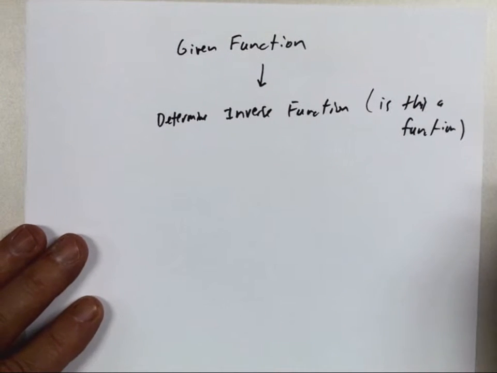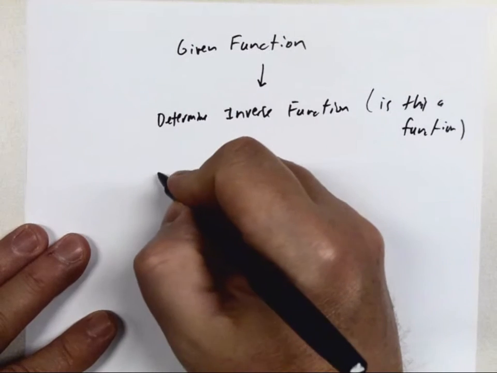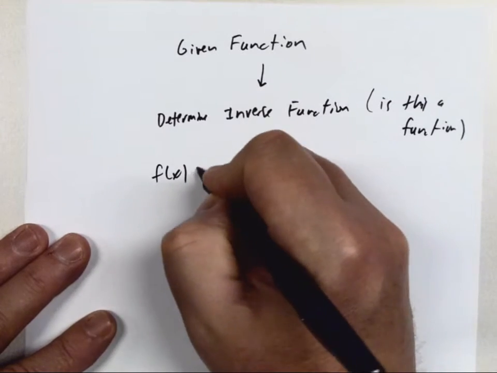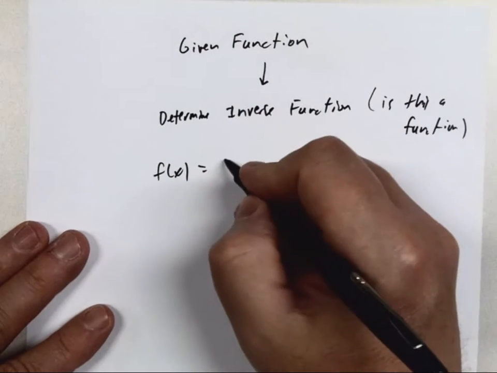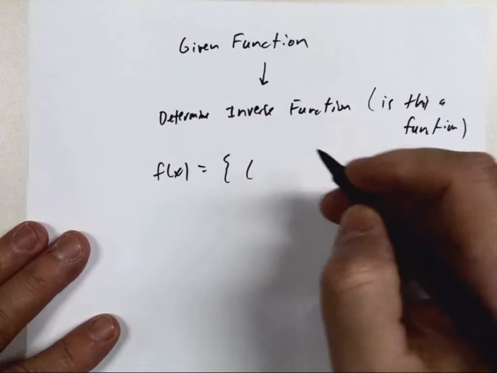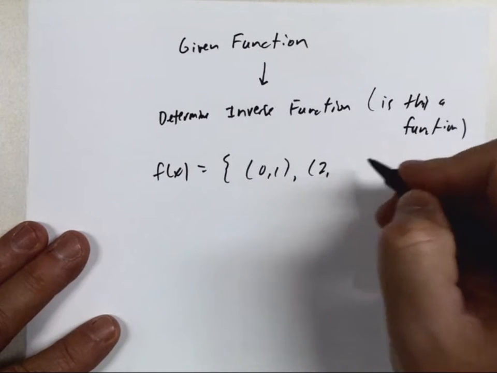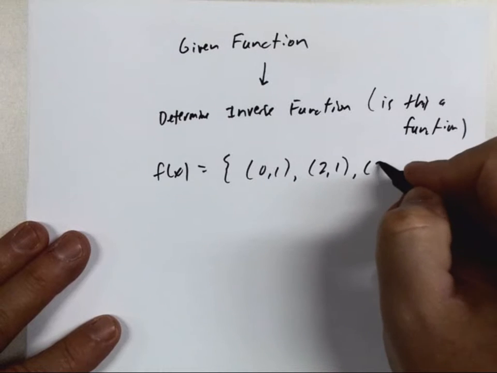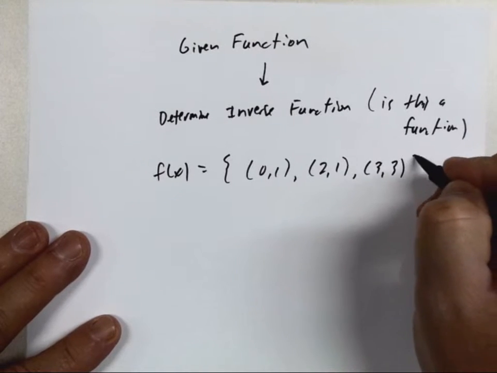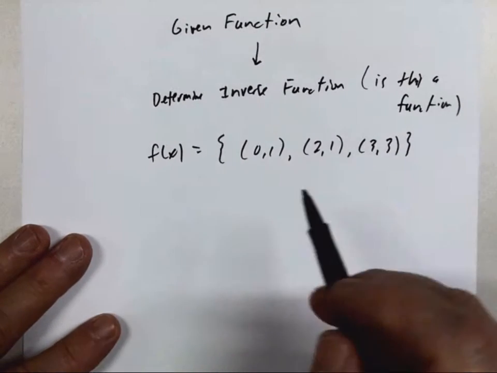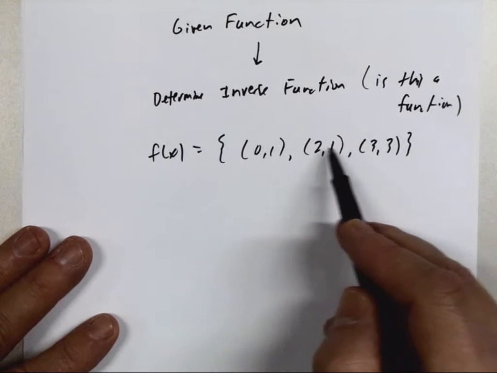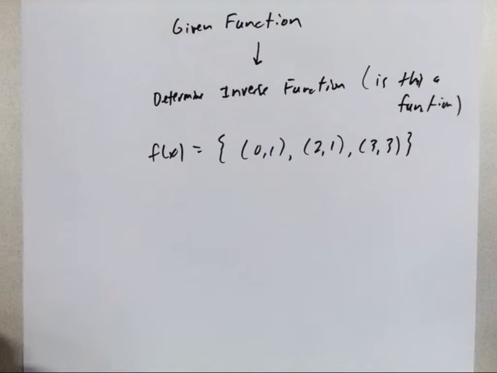So let's do a simple example of ordered pairs. I'm going to give 3 ordered pairs, and it's going to be a function. Right? If I say, is this a function? Do the x's repeat? They do not. It is a function.